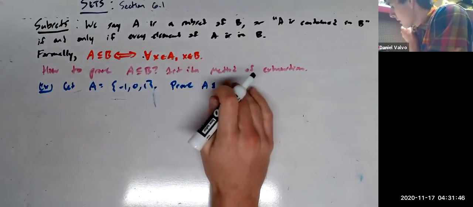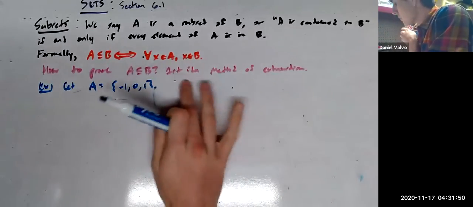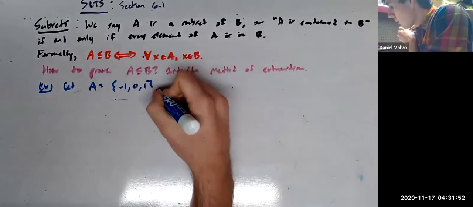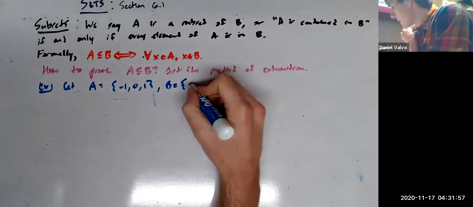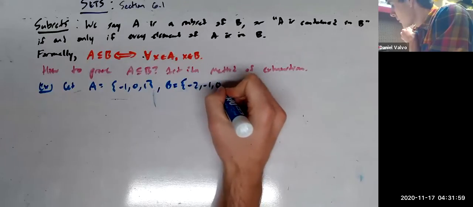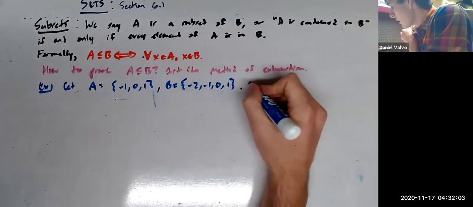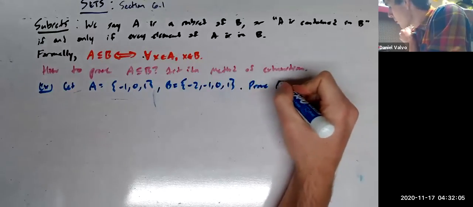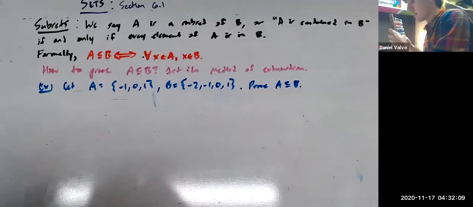Actually, even better yet, let's just say A is that, and B equals, let's say, {-2, -1, 0, 1}, something like that. Our goal is to prove that A is a subset of B. Proof?